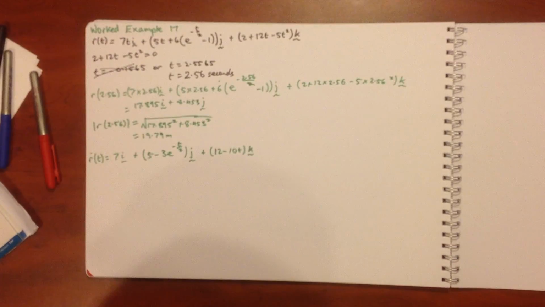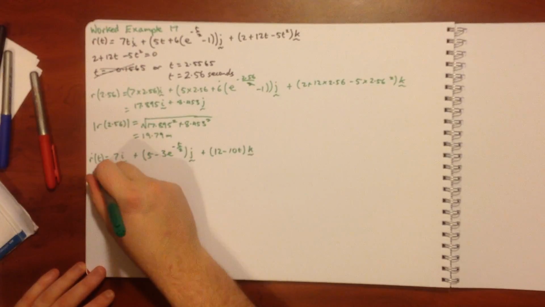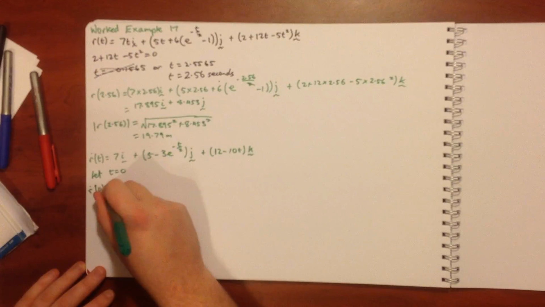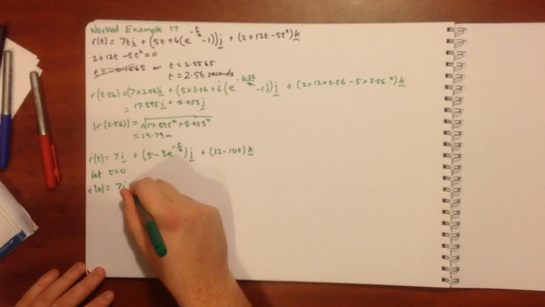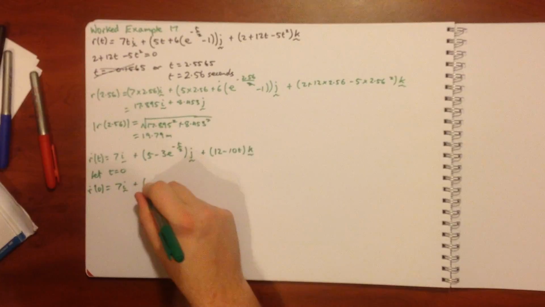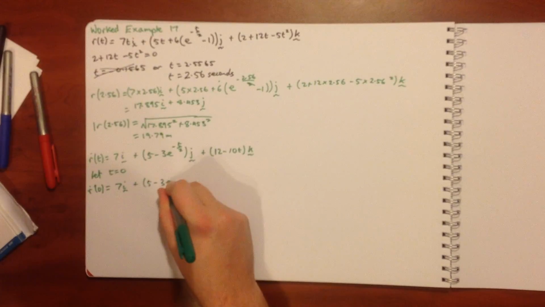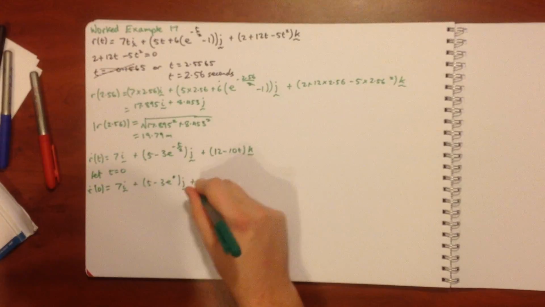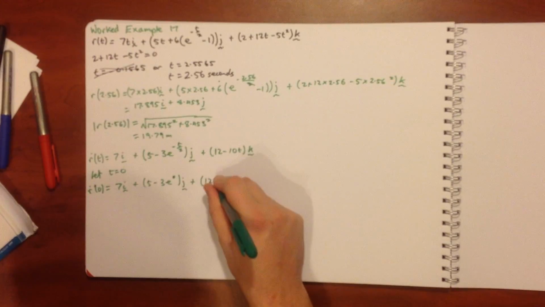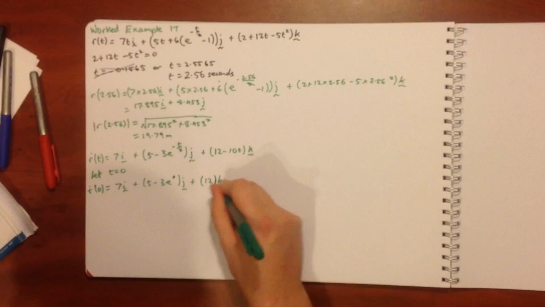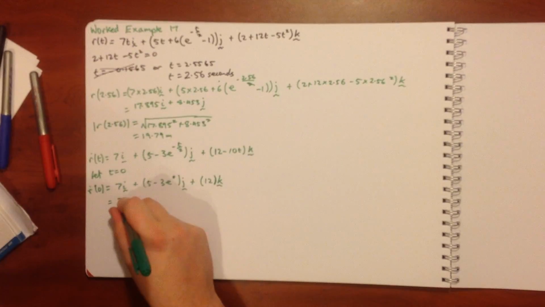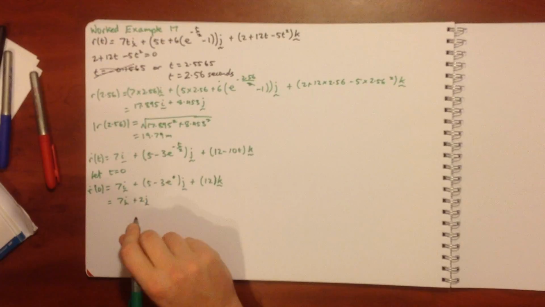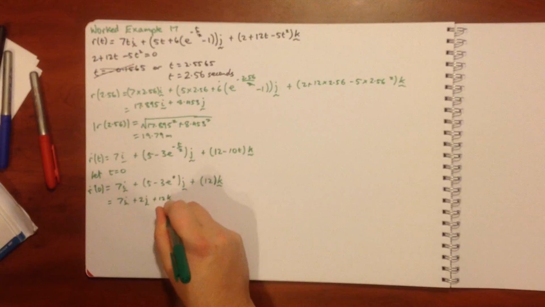So we've got our velocity vector now, so we let t equal 0, so r dot 0 is going to be 7i plus 5 minus 3 e to the 0 j, plus 12k, so that's just going to be 7i plus 2j plus 12k.